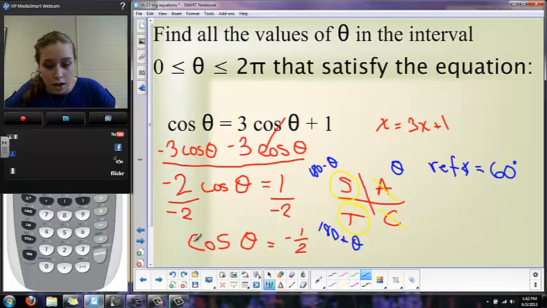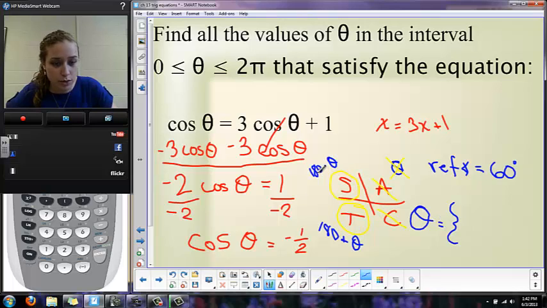So cosine theta is equal to a positive 1/2 when theta is 60 degrees. So 60 degrees is my reference angle. That is not a part of my answer because I'm not looking for the answers that are positive in the 1st quadrant. So I really just use that reference angle to figure out what the other ones are, what my real answers are. So theta is equal to, and I'm going to make my brackets.